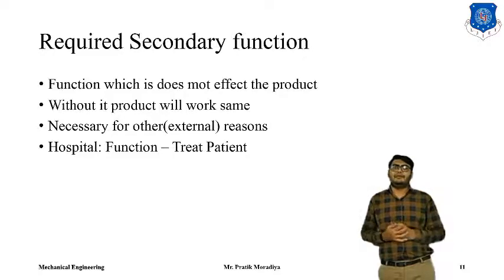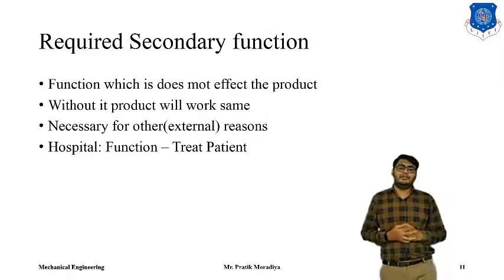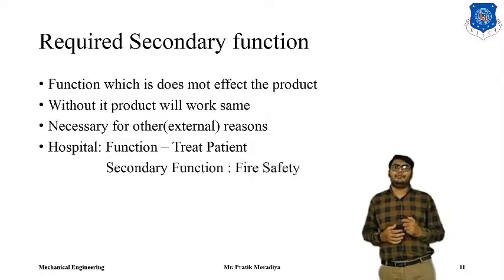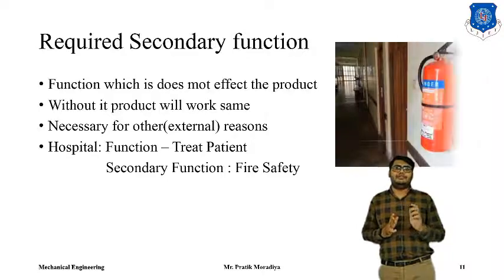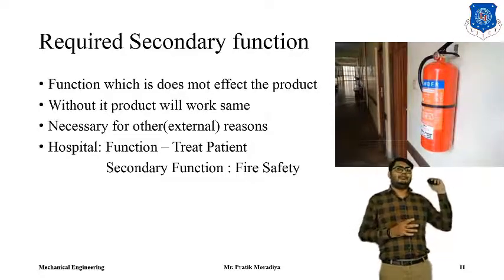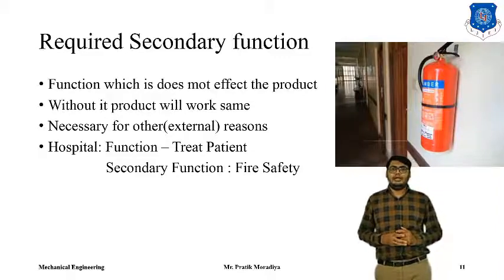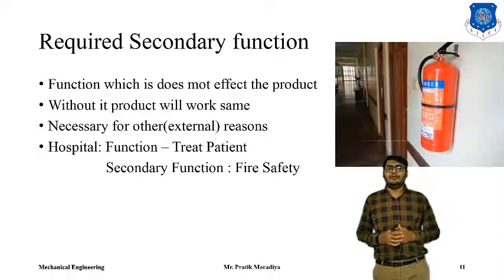For example, if a hospital is there, its function is to treat patients, and we do not need any fire safety devices there. We do not need such fire safety devices in our hospitals because there is no use of those devices in a hospital. Treating patients can be done without those, but still they are required.